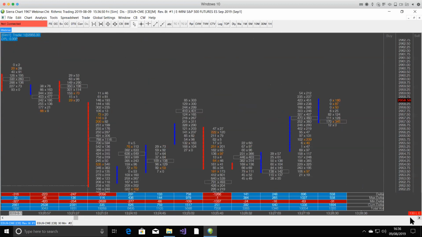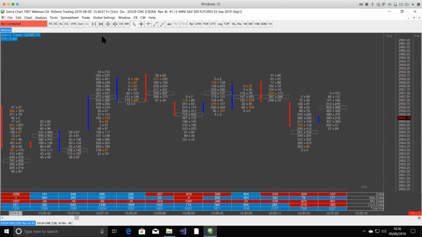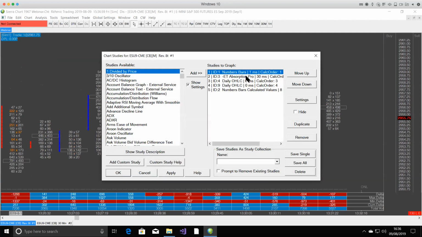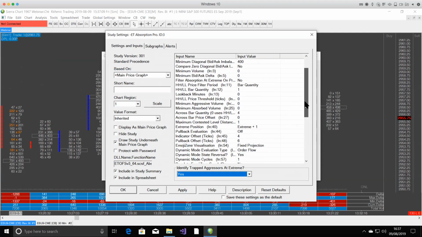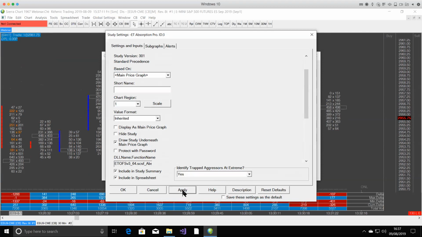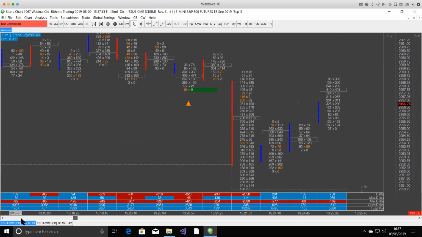Here's some stops being triggered. But rather than us looking for this condition manually, let's use the computer to identify it and also bring out the best quality conditions. So I say identify trapped aggressors at extreme, yes. We will go fixed projection just for now to bring this up. And let's see what we pick up.